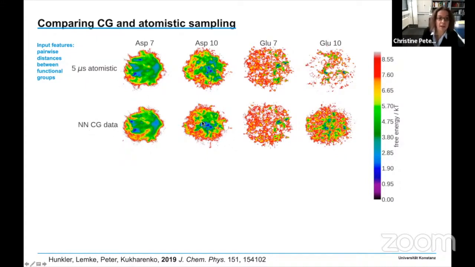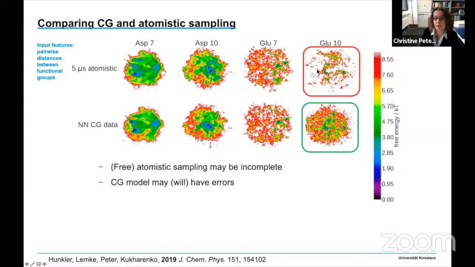What you see by eye is that for aspartic acid in general, the maps look very similar. For glutamic acid heptamers as well, but for the decamer of glutamic acid, you see differences here. And now you may wonder, is the atomistic simulation simply incomplete because we're talking about a decapeptide?